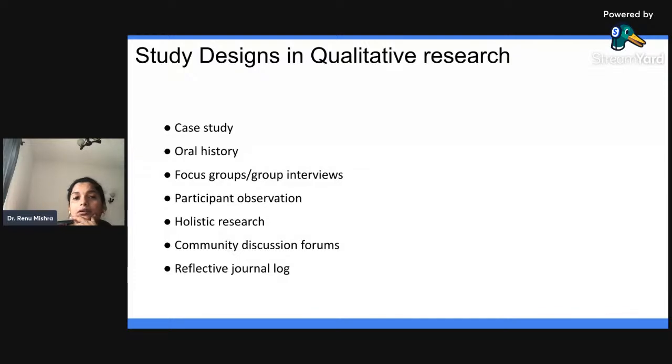So basically, qualitative research, I personally call it holistic research, the reason being it gives you an insight into the research. And the sad state is that many universities, many journals still don't give the stature to qualitative research which they give to quantitative research.